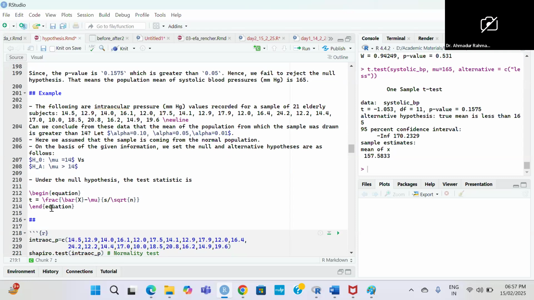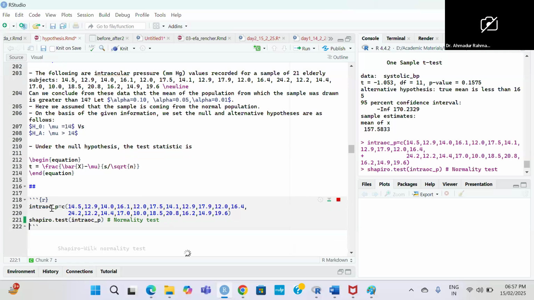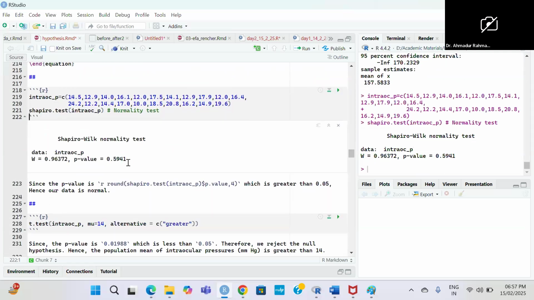So first we make a vector of this intraocular pressure, and then we test the normality. We use the Shapiro dot test to check the normality. Again the value is 0.5941. This value is again greater than 0.05.